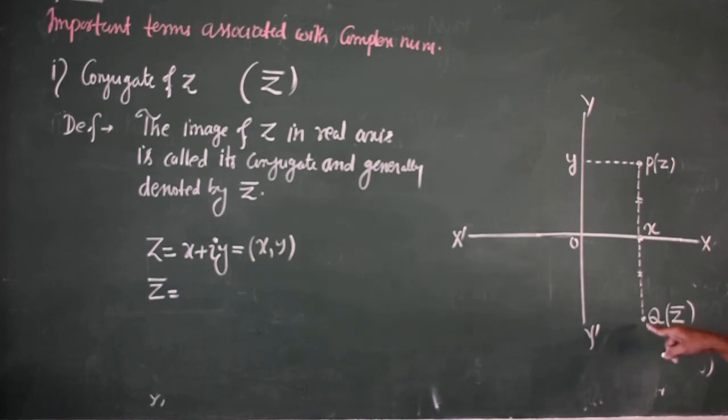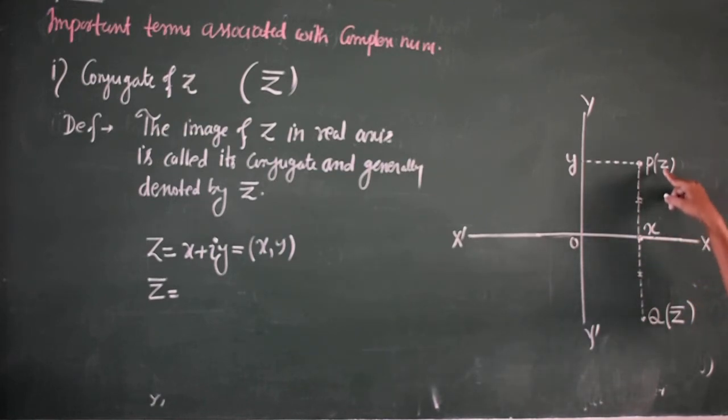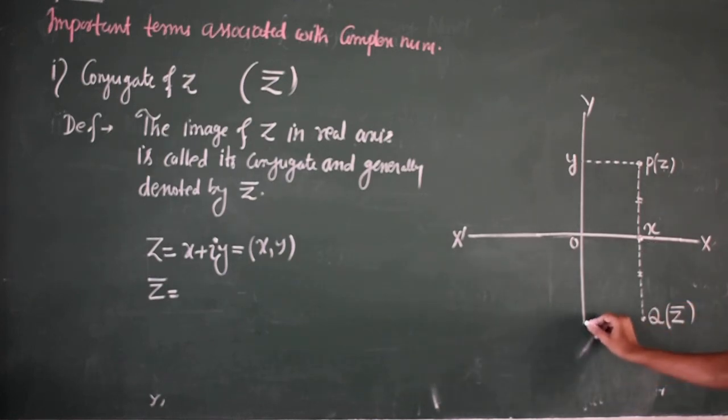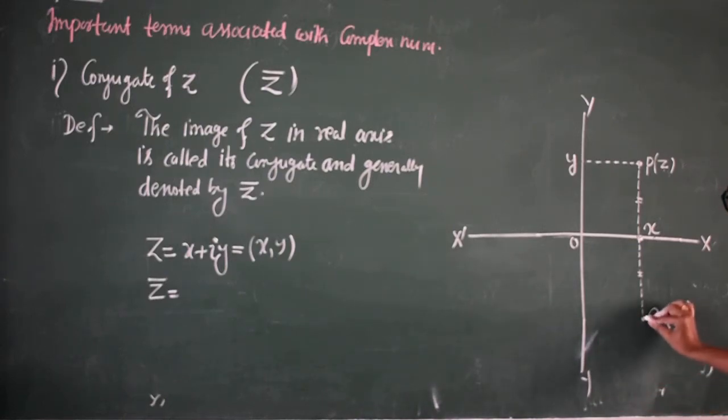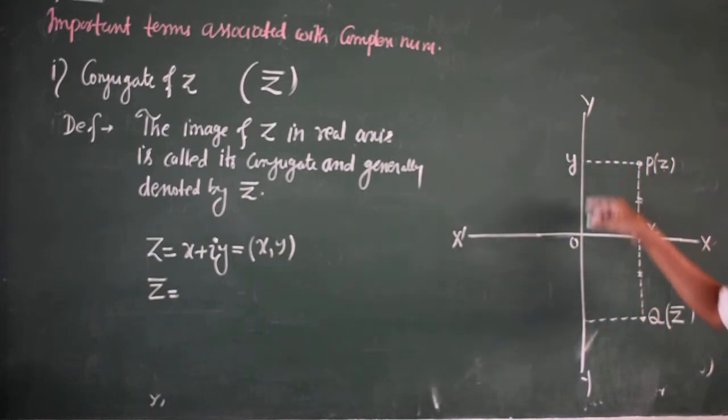So what will be the real part of this complex number? From here draw a perpendicular on the real axis. The real part is the same. So the real part of any complex number and its conjugate is the same. Now what will be its imaginary part? From here draw a perpendicular on the imaginary axis, that is the y-axis.